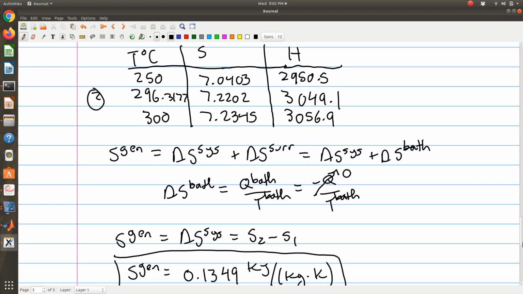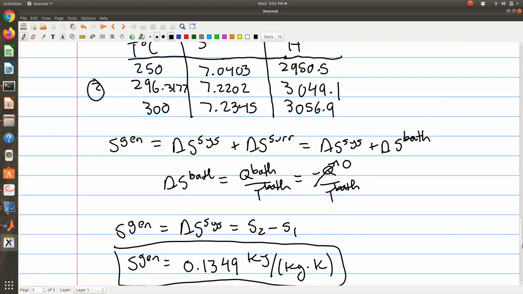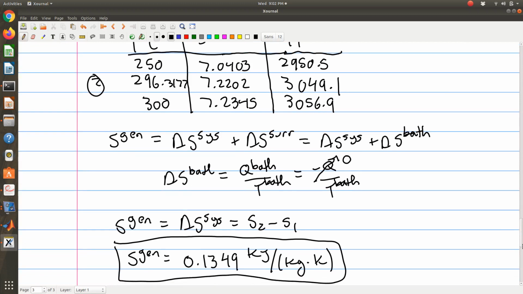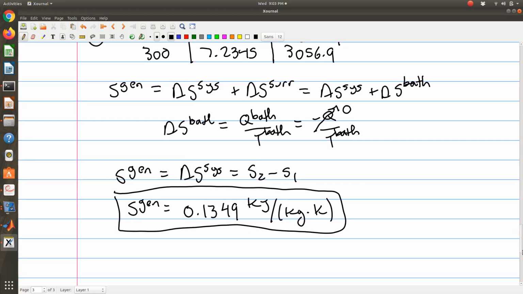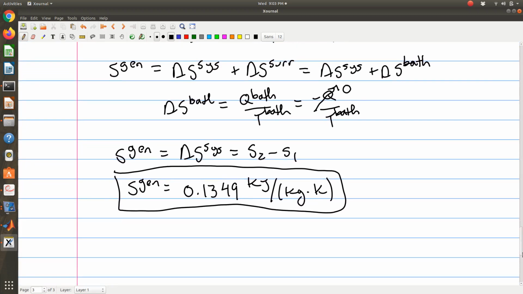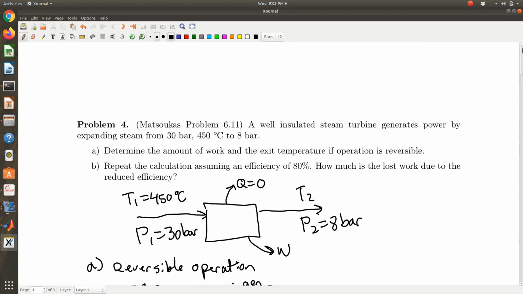Once we had the temperature and entropy, we were able to calculate delta S of our system, which is equal to Sgen, which is 0.1349. Now we have the entropy generation, and so now we want to look at the lost work.